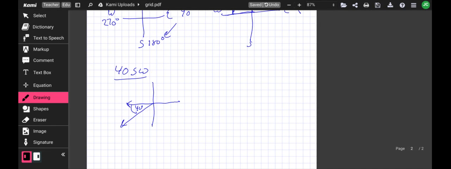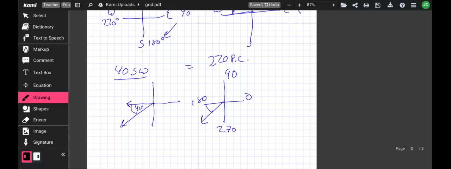Once I have 40 degrees southwest drawn, I can now imagine an overlay of the polar coordinate system. In the polar coordinate system, this is 0, 90, 180, 270, and I am going 40 degrees more, so that makes 40 degrees southwest equal to 220 degrees in the polar coordinate system.